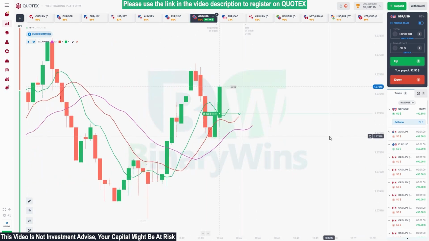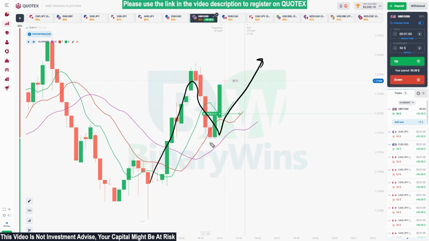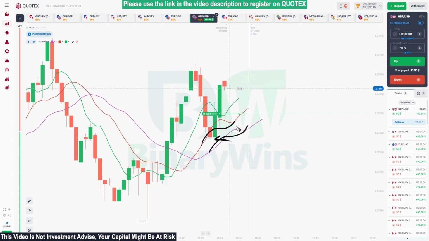If you see here, the place of change and correction of the trend is upward again, which means that my candles receive pressure from the dynamic level. That's why we entered the 1 minute trade.